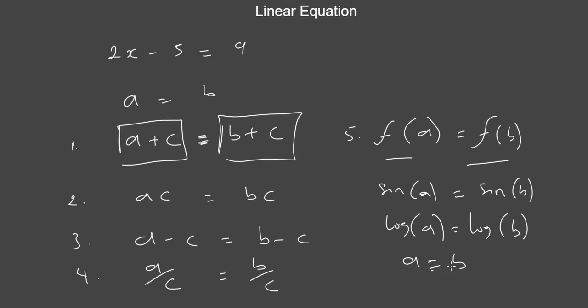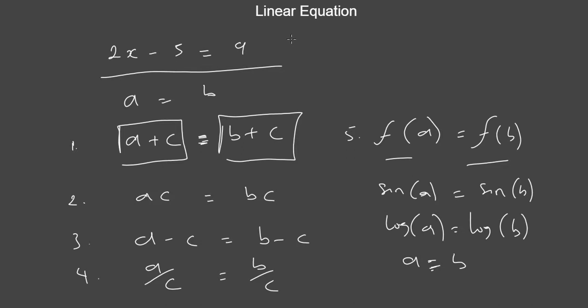So let's use that principle to solve for this very answer. Now the rule says what I do on the left, I can do on the right. So if I want to cancel out this minus 5 on the left, I can add 5 to both sides.